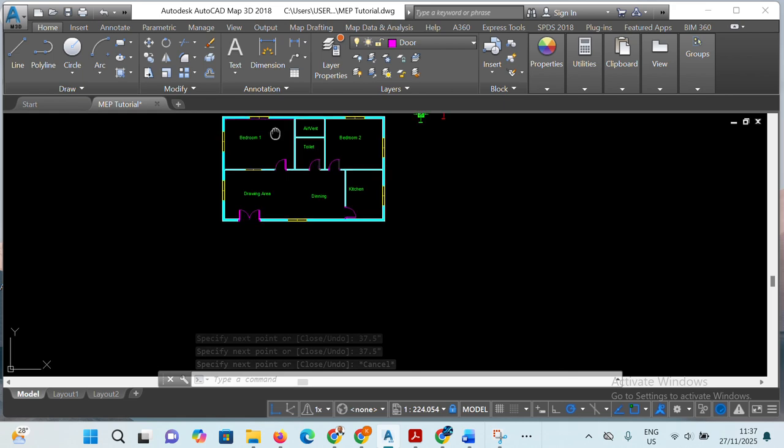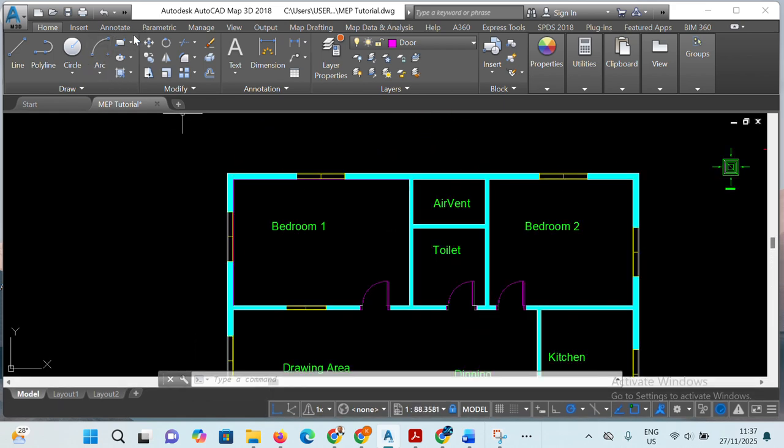Okay, so we have the lines. We go to the line, then to the first demarcation here, and take it down. All these extra lines will be deleted.